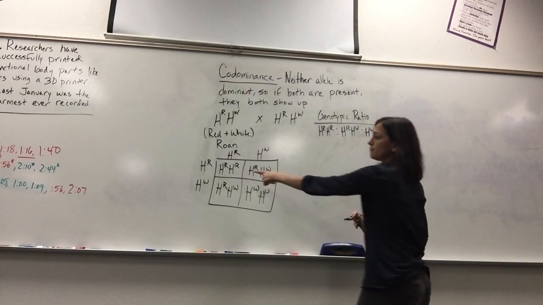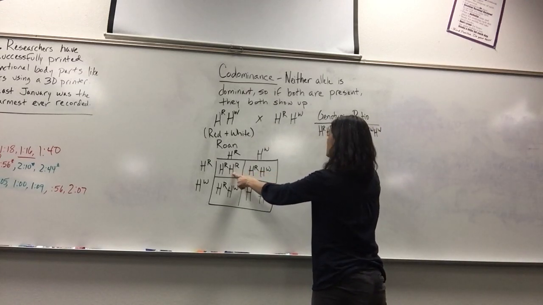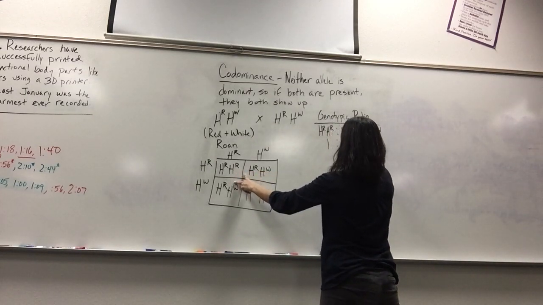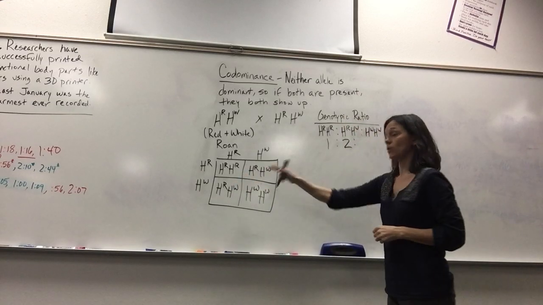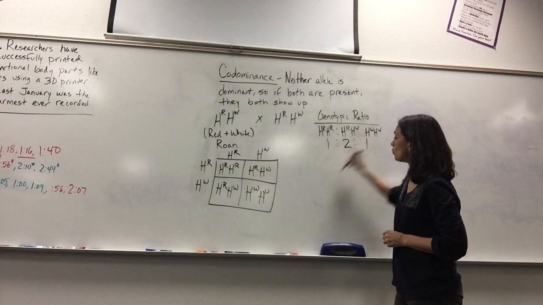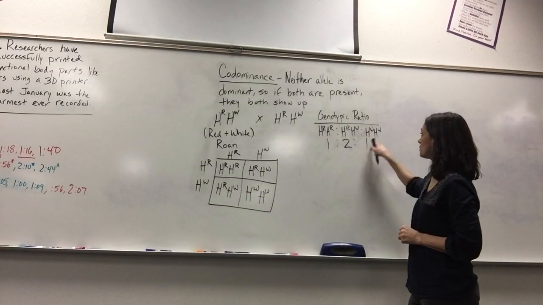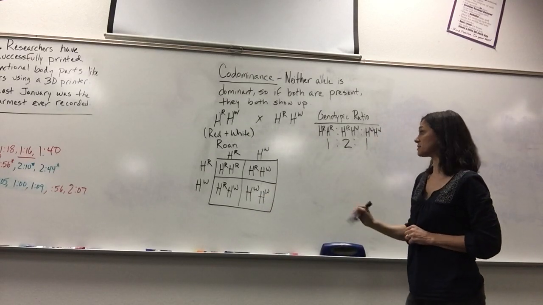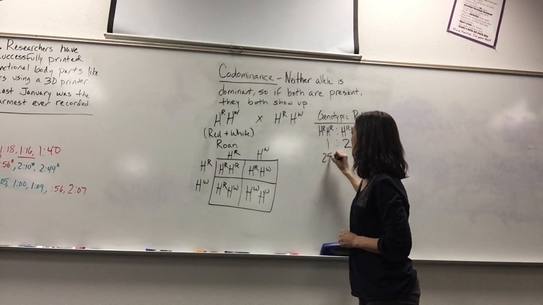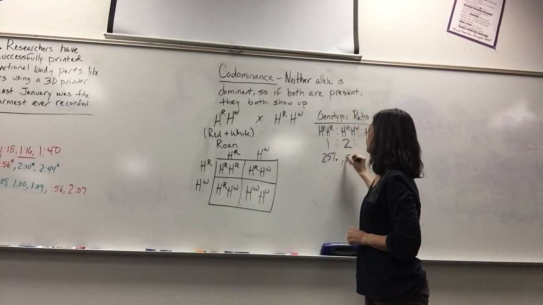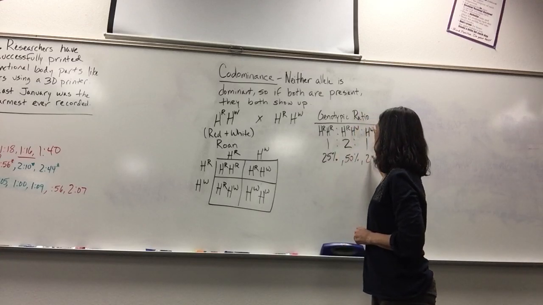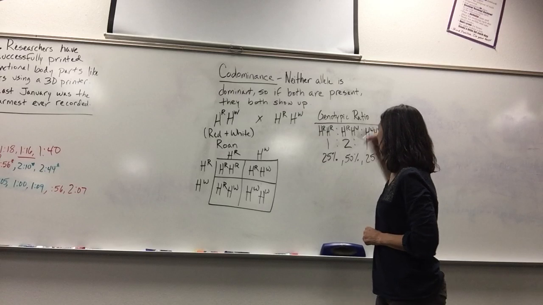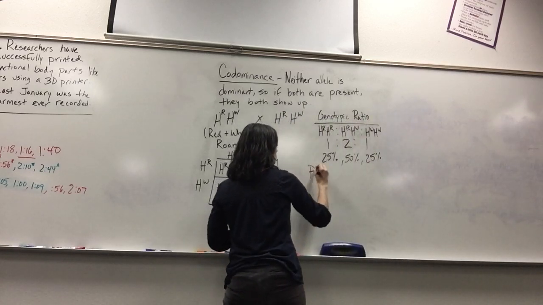So counting these up, I have one horse with two red alleles, two horses that have one of each allele, and one horse that ends up with both white alleles. So this is 25%, 50%, 25%.